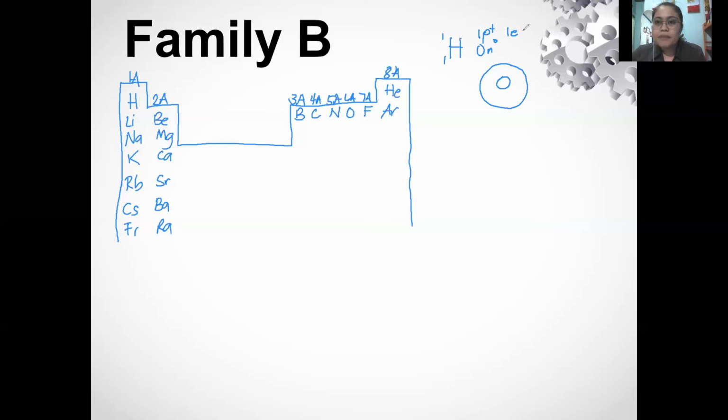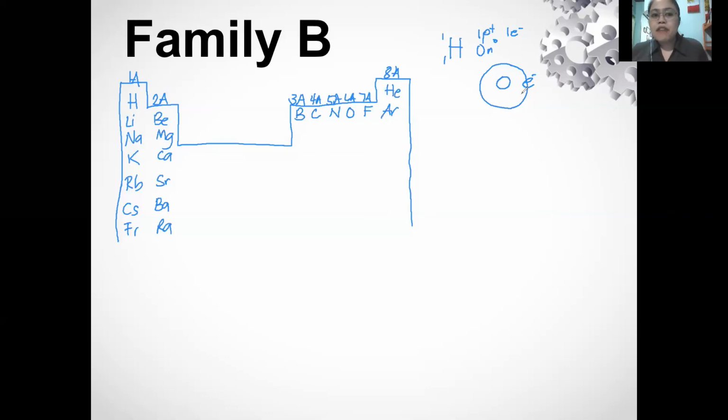So, meron ka ding isang electron. And for the case of hydrogen, since it has only one energy shell, automatic, you will be writing electrons in here. So this is the valence electron of your hydrogen. Kaya si hydrogen class ay nandito sa group 1A. Kasi isa lang yung electron niya, isa lang yung shell niya, this becomes automatically the valence electron.